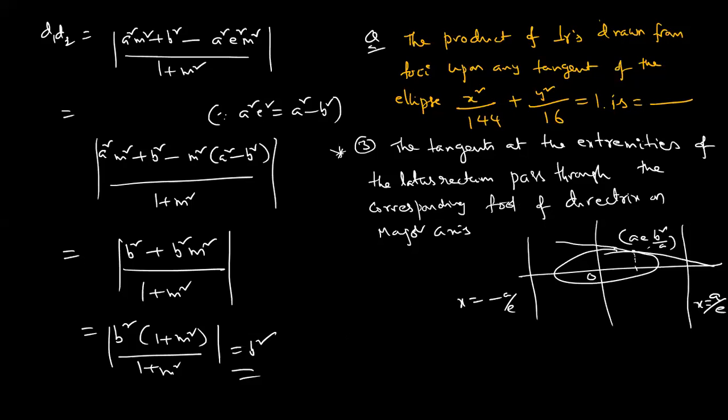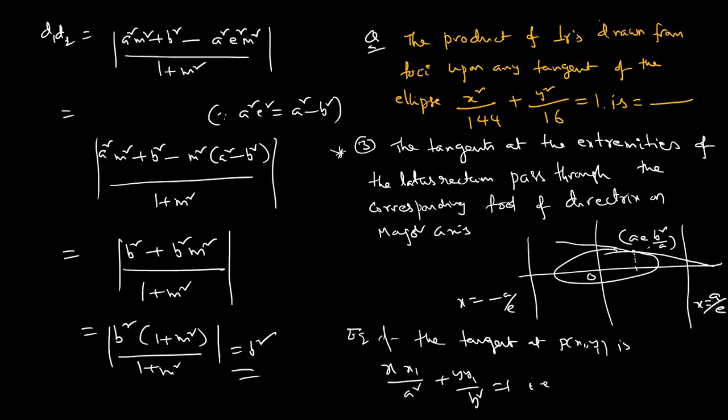So what is the equation of the tangent at P x1 y1? It is x x1 by a square plus y y1 by b square is equal to 1. That is, replace x1 by ae, y1 by b square by a.